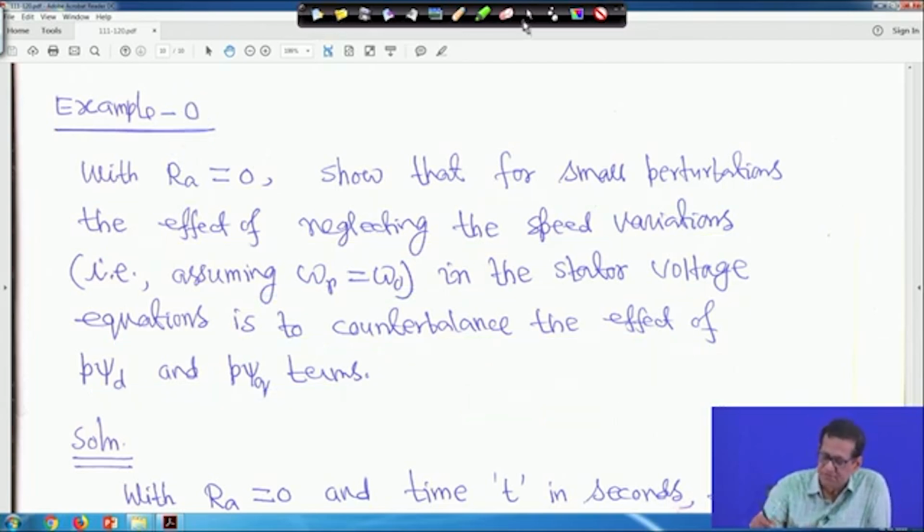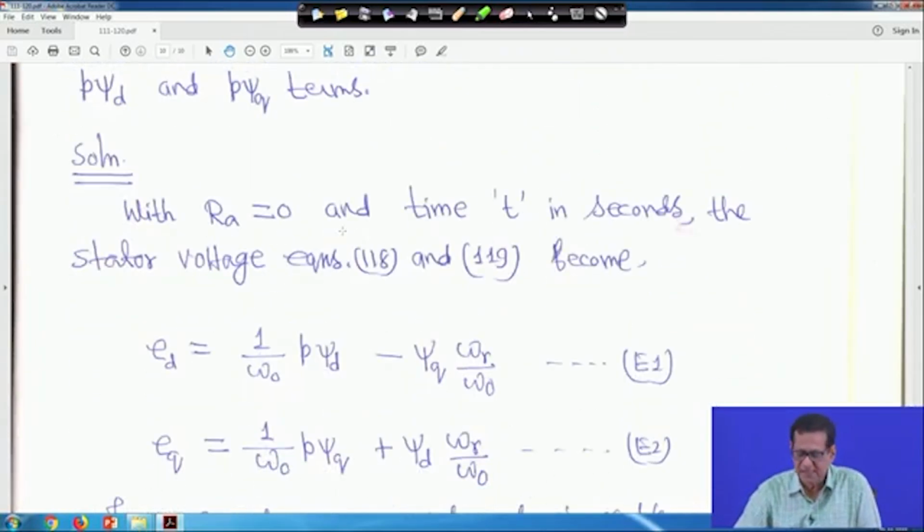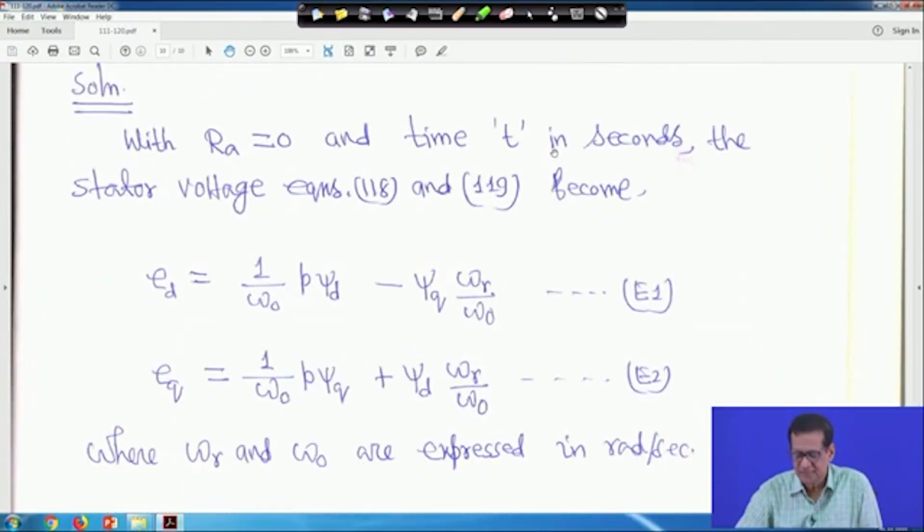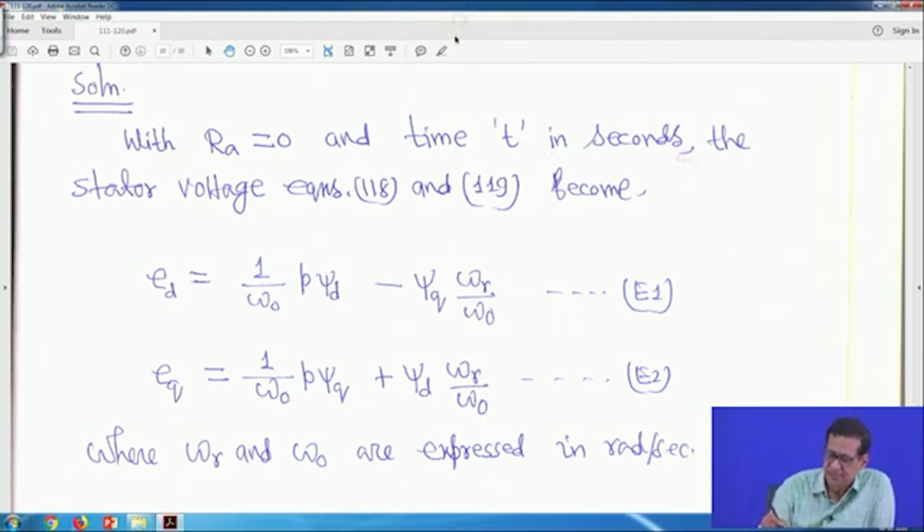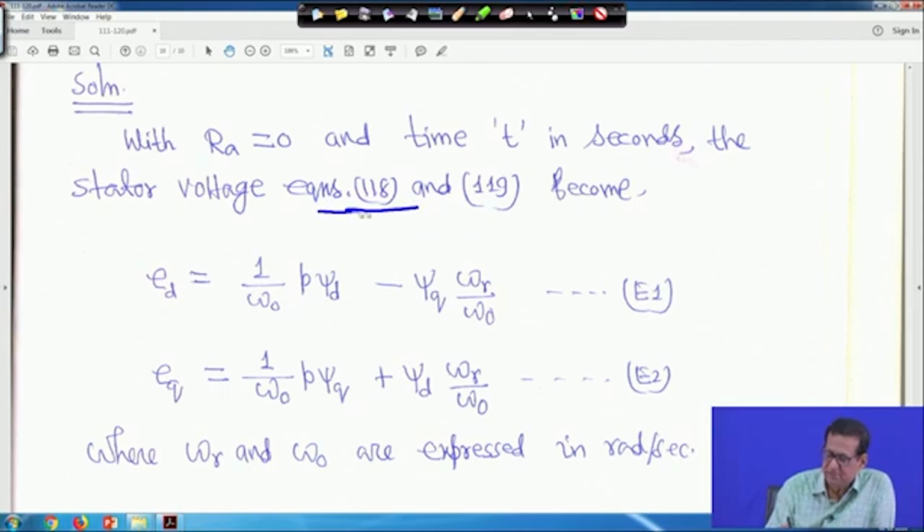So, in this case, the solution with RA equal to 0 and time t in seconds, the stator voltage equations 118 and 119 become ED is equal to 1 upon omega 0 P psi d minus psi q omega r by omega 0. This is equation E1, from equation 118.